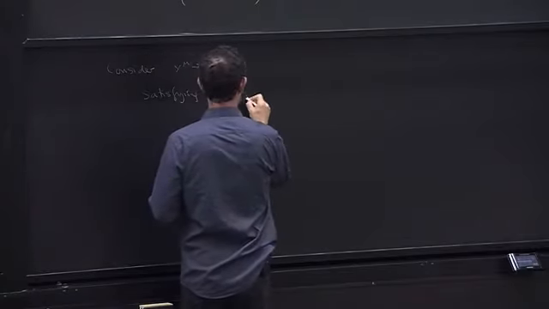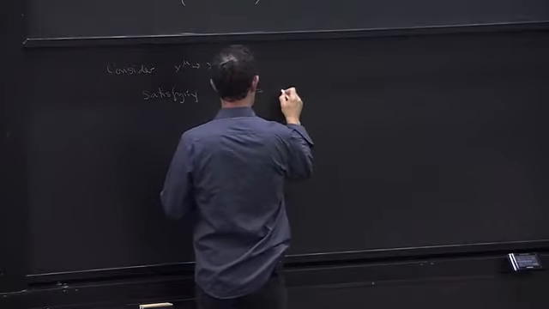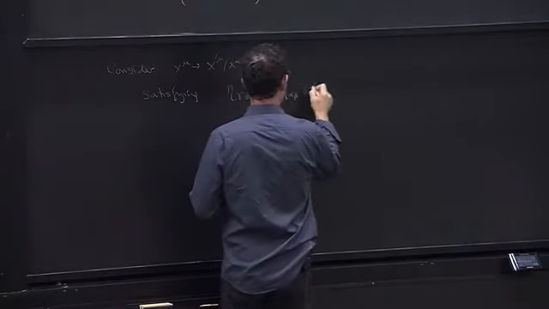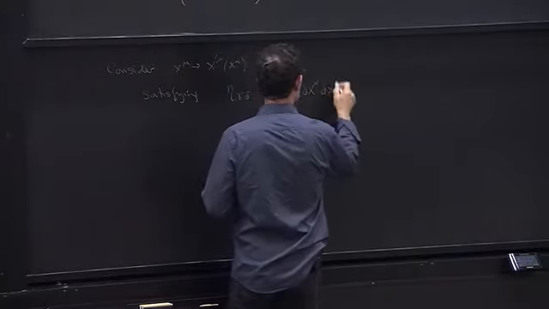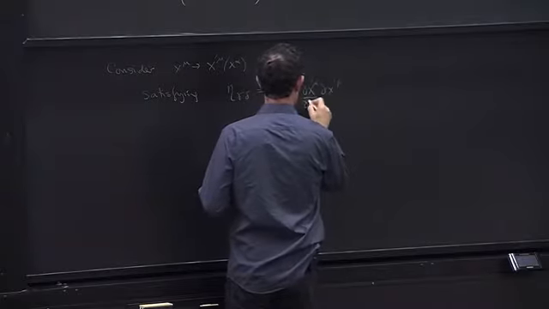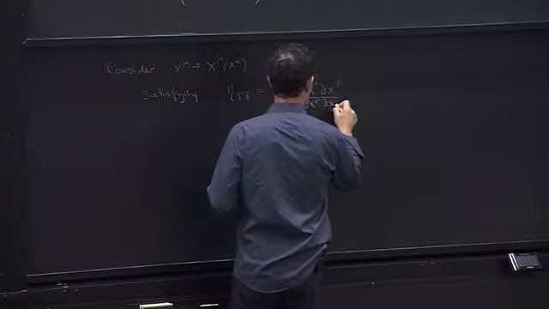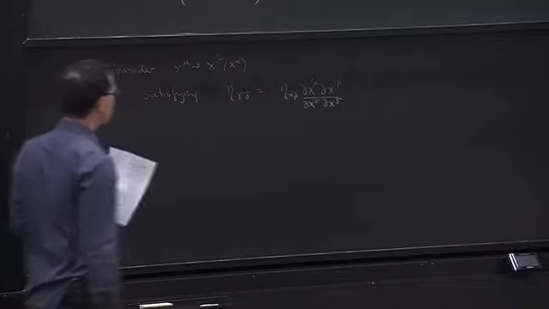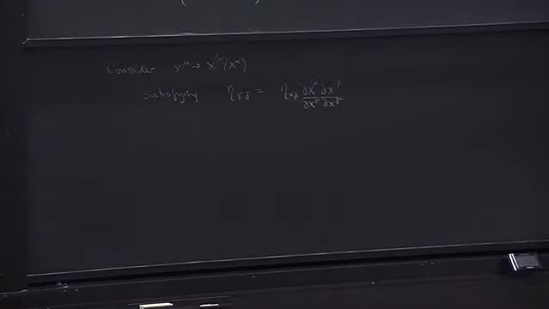eta gamma delta equals eta alpha beta times dx prime alpha/dx gamma times dx prime beta/dx delta.